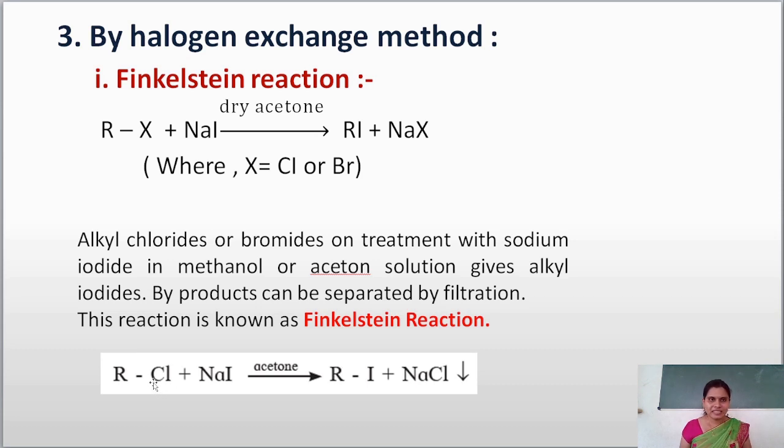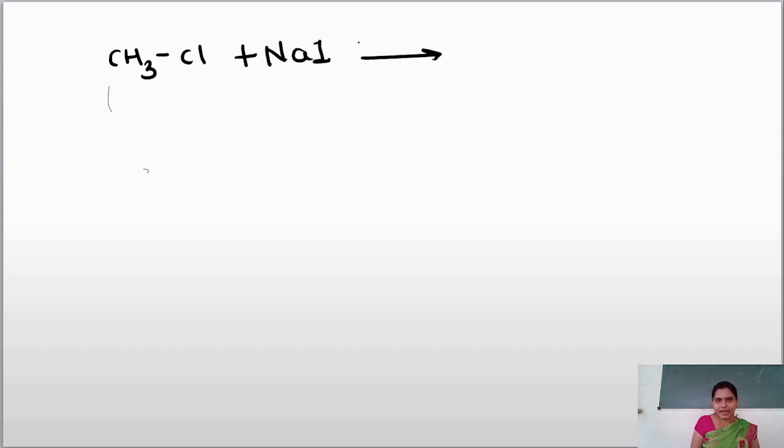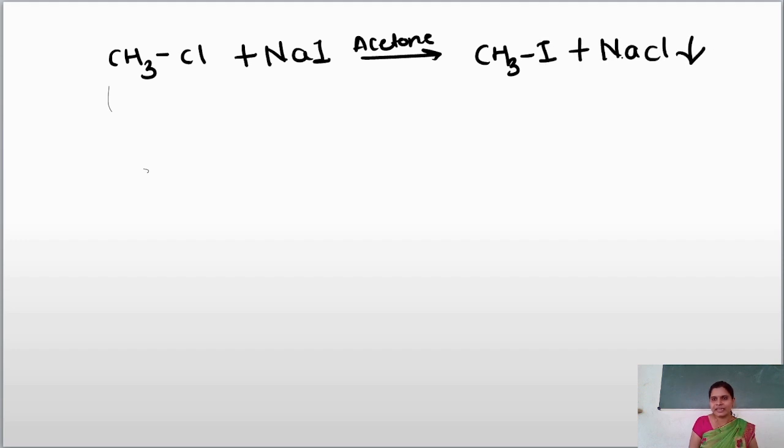Now we will take a specific example. CH3Cl reacts with sodium iodide in presence of acetone and we will get CH3I, that is methyl iodide, and the sodium salt of chlorine gets precipitated, that is NaCl.